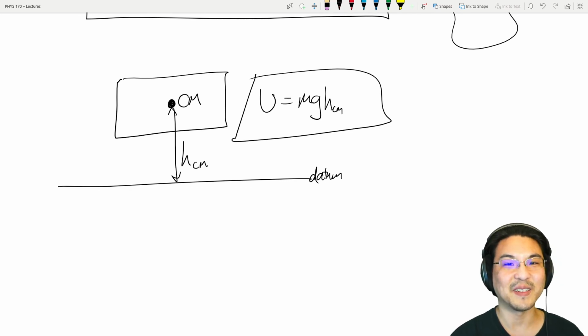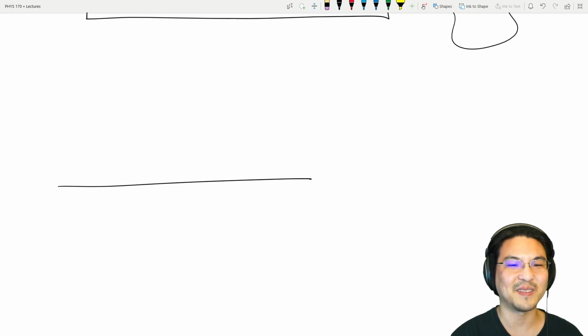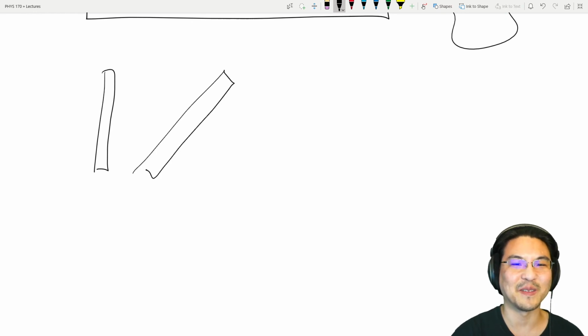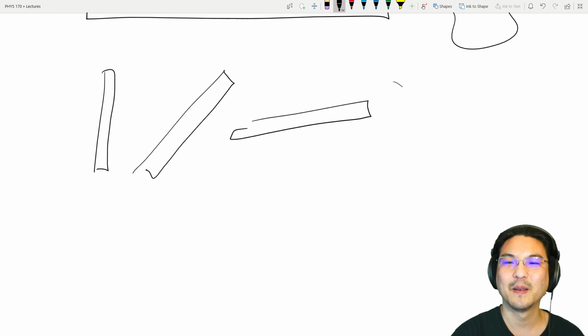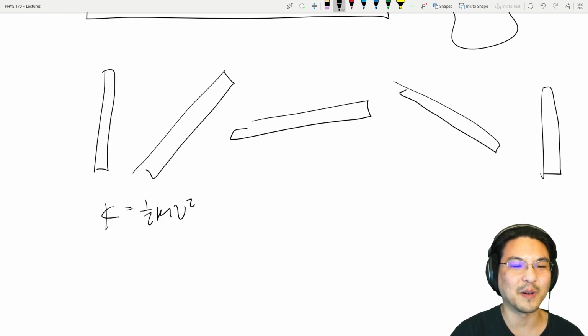How about kinetic energy? Let's say I throw this box. Oh, let's say it's a stick. I have a stick and I just throw it in the air, so it's flying through the air like this. What's the kinetic energy? 1/2 mv squared. The velocity of what?